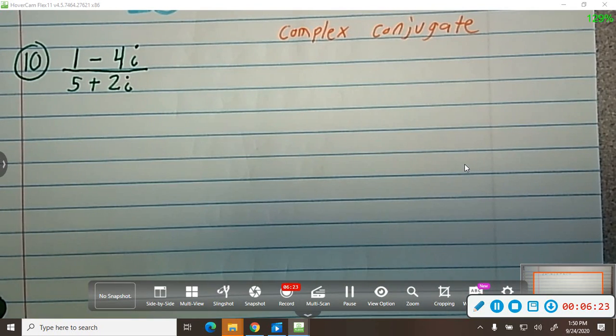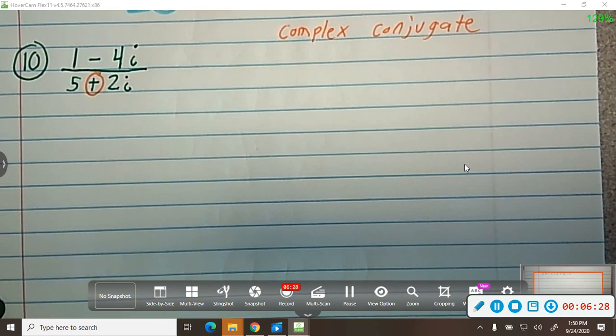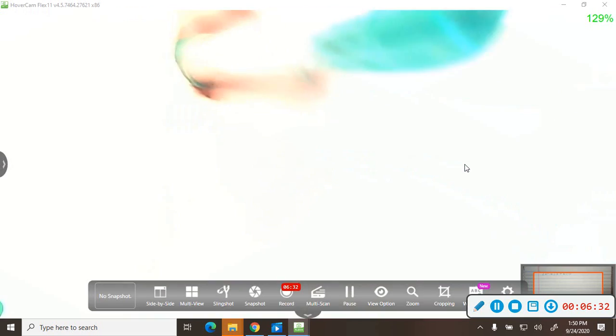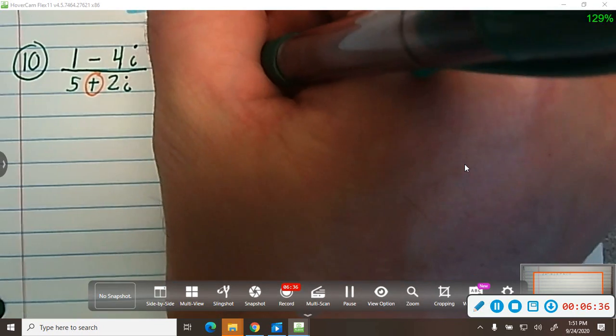And what that really all it means is that instead of a plus sign, you're going to use a minus sign. So you're going to multiply this by 5 minus 2i.